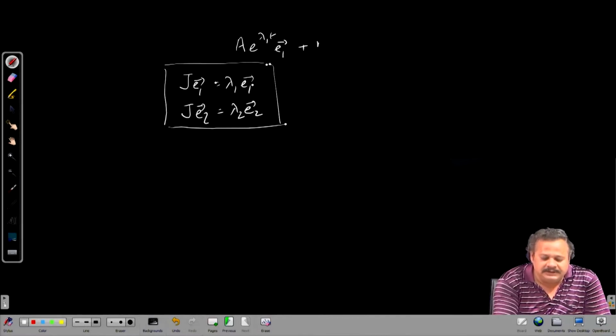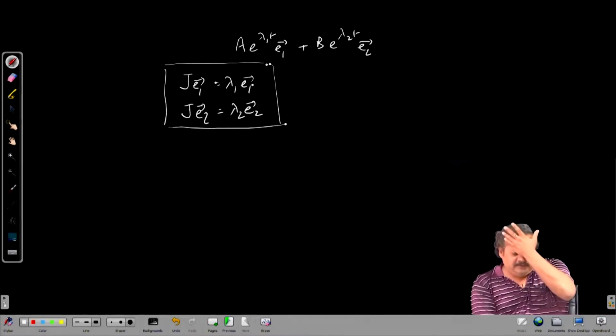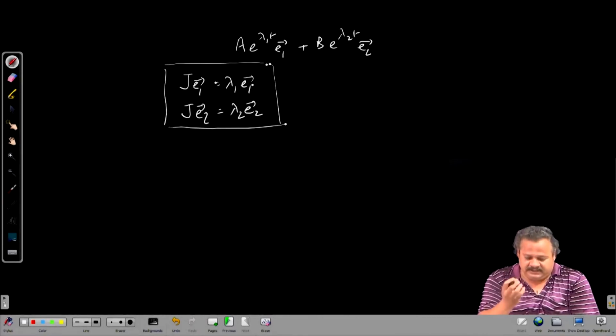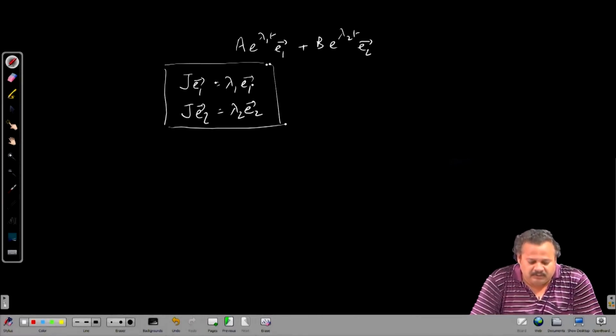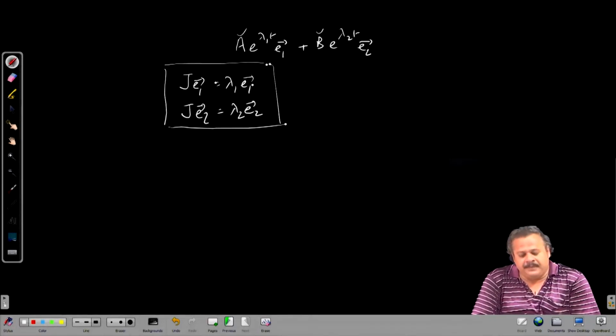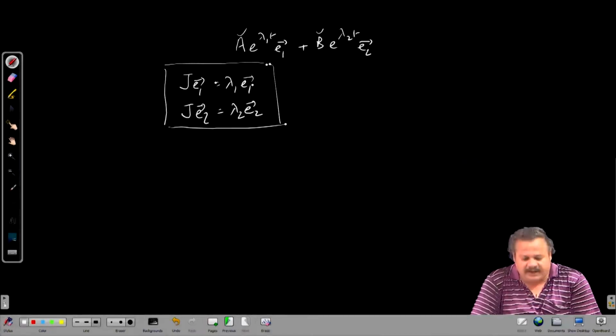And this is b e to the power lambda 2 t E2. This is the trajectory of the system near the equilibrium point when we linearize around it, and a and b can be determined from the initial values.